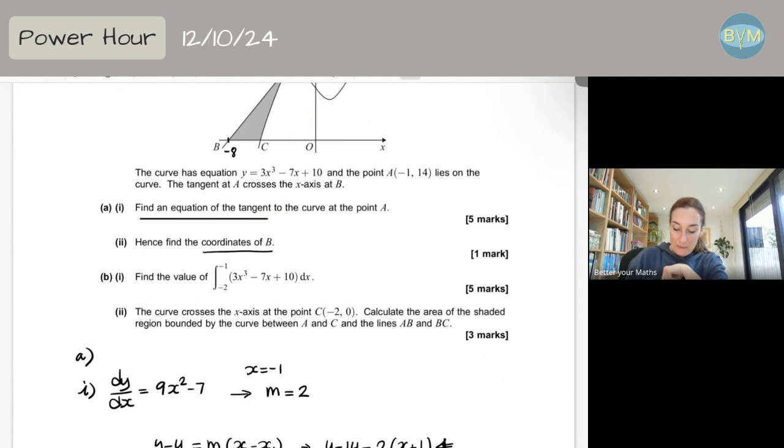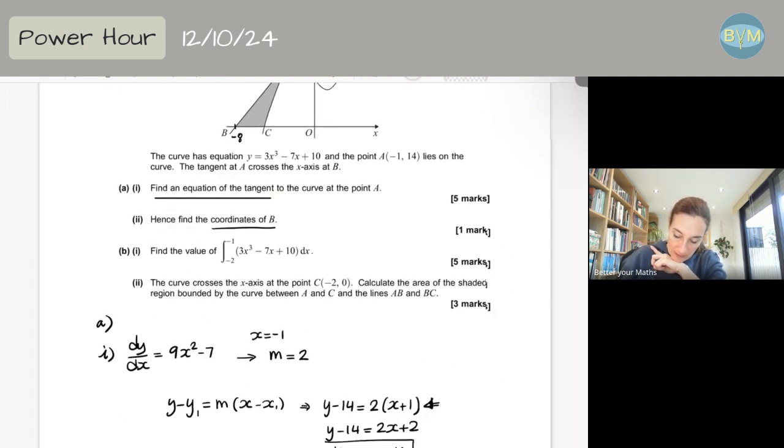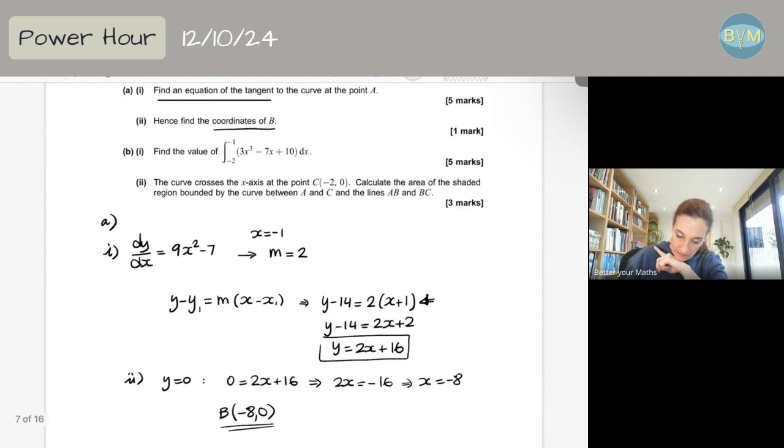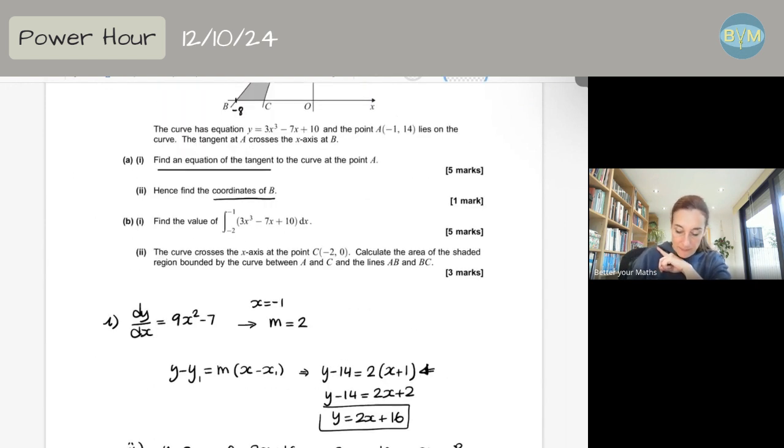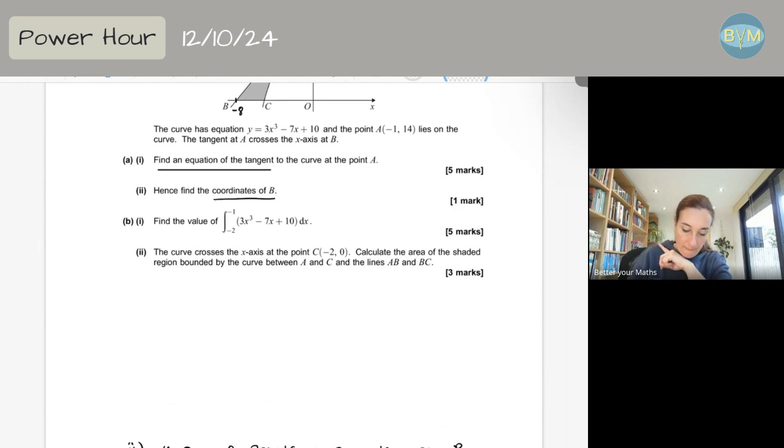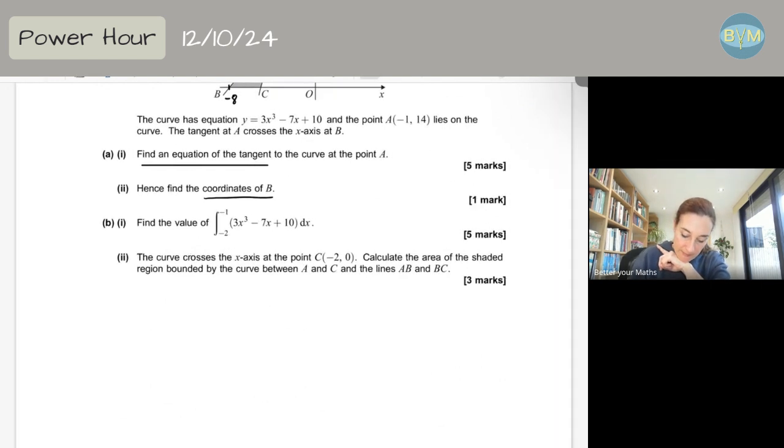A is the integral between -2 and -1 of this function here. Between -2 and -1, and I think I'm going to make space here. Please do it.